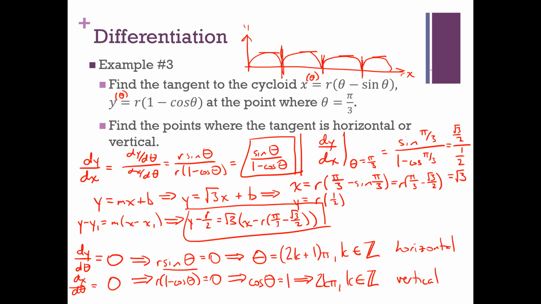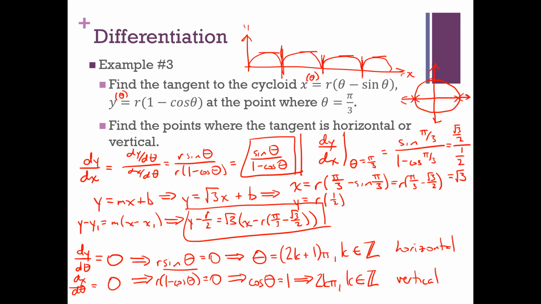Let me squeeze in the unit circle here. Sine values come from the y coordinates of the unit circle, right? So where is the y coordinate going to be 0? At this point and this point. So 0 pi, 1 pi, 2 pi, 3 pi, 4 pi, and so on.